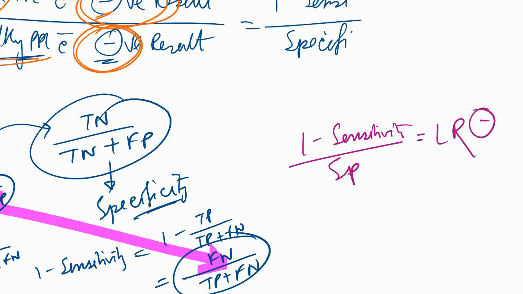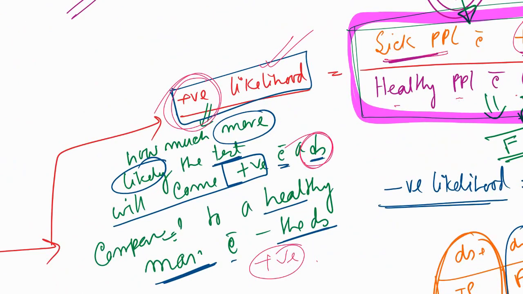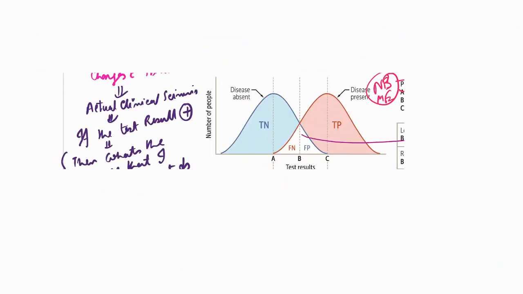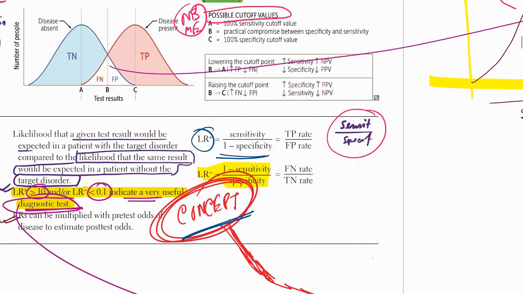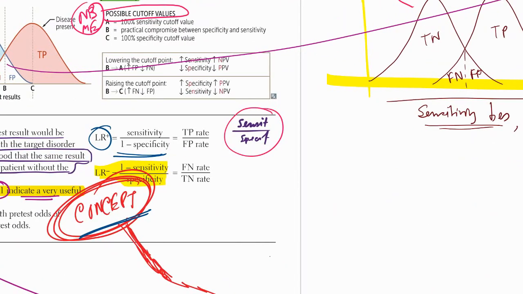Okay, you can understand it this way, but you should remember the formula because you have no time in the test. So just remember the ratio is sensitivity by specificity.